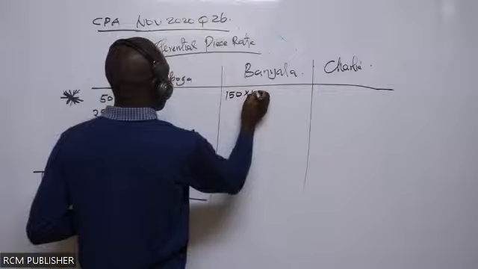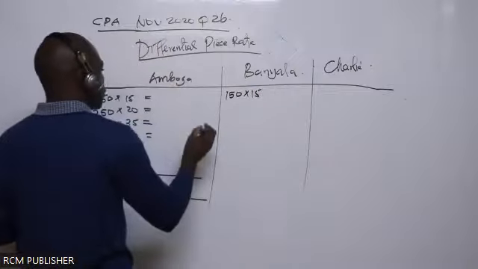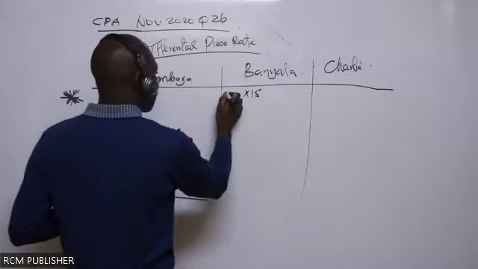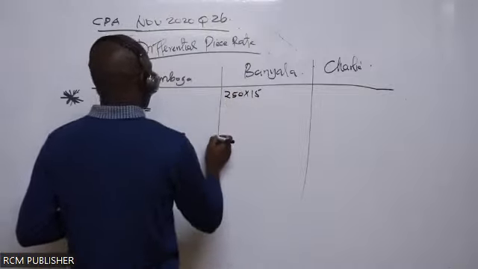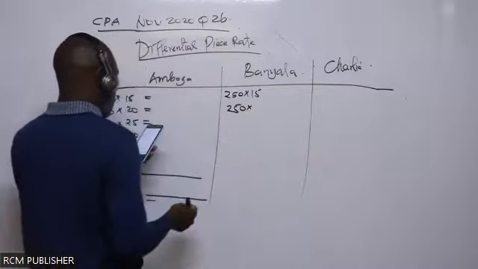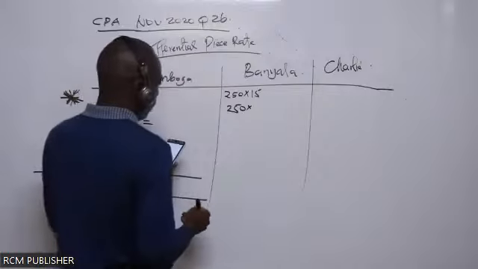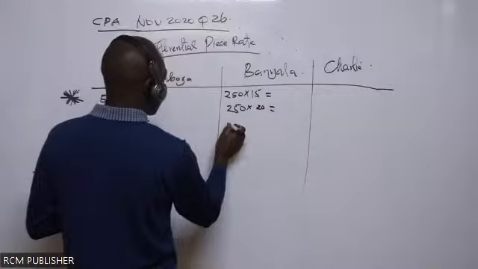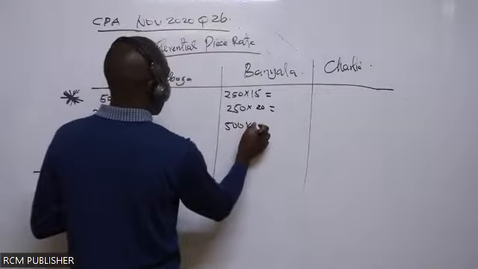We multiply by 15. Then we move to the second batch, because the total production is 1,800. We multiply by 20. The third batch, we have 500 at 25.